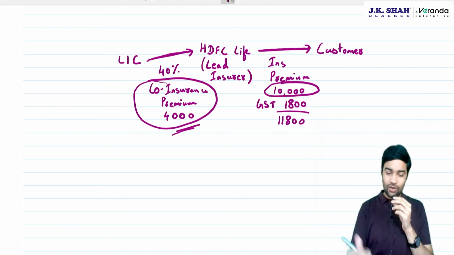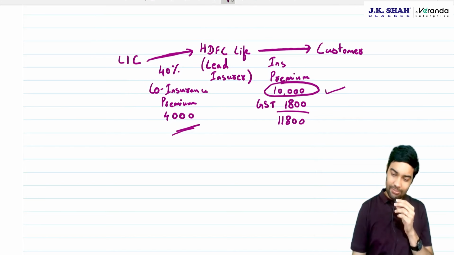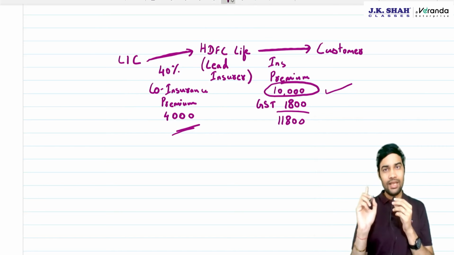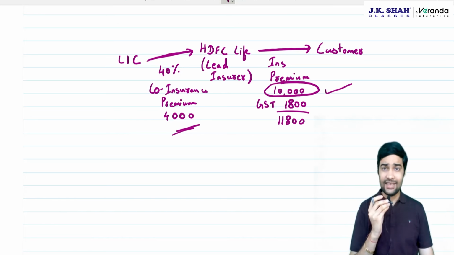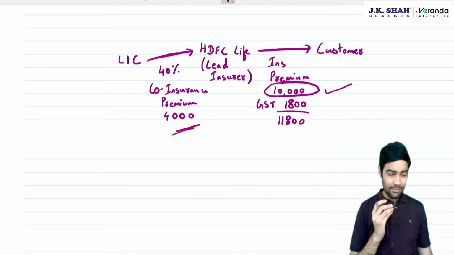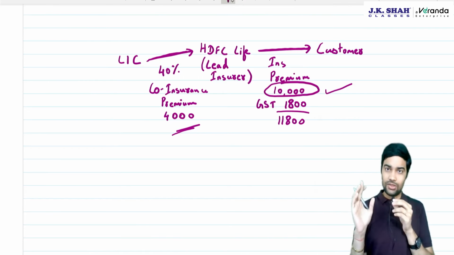The argument of the life insurance companies was, see, government, I have already paid GST on 10,000. HDFC Life has already paid GST. Then co-insurance is just a part of it, right? So as co-insurance is just a part of it, there should not be any implication on this 4,000 rupees.